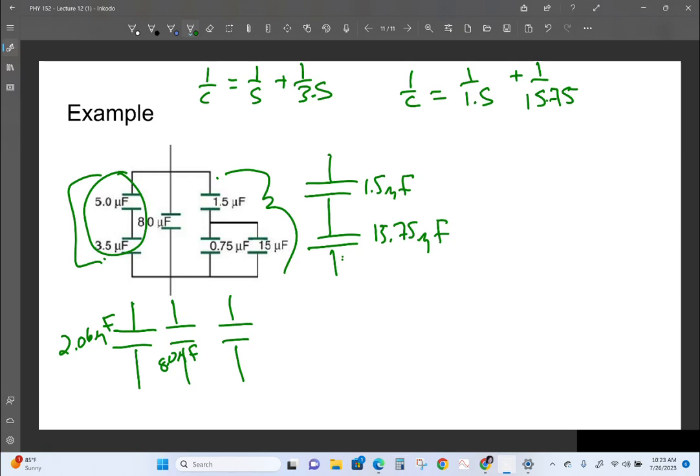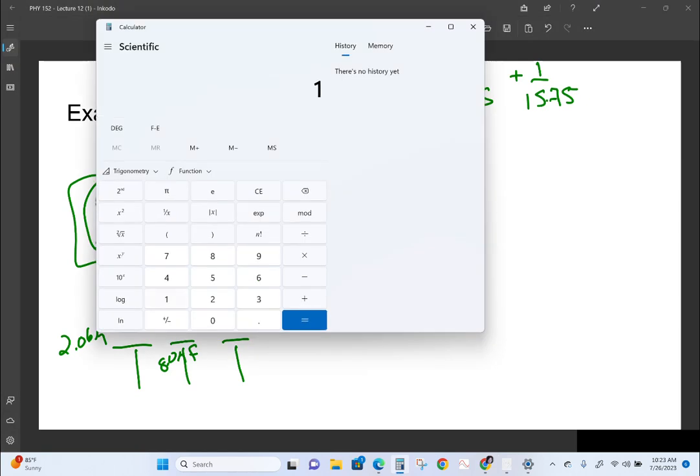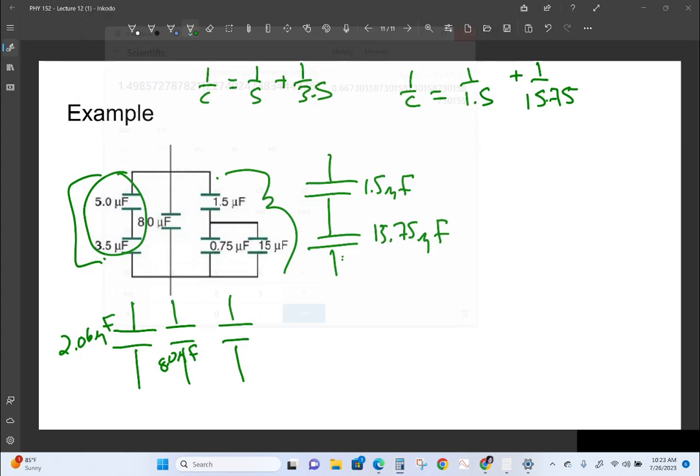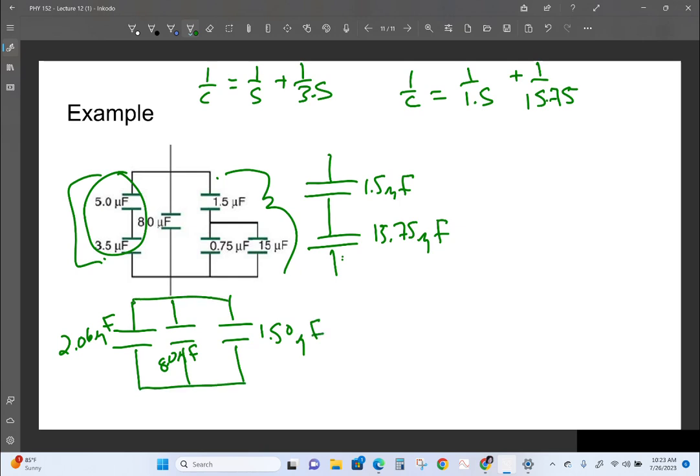And then I'm going to take the inverse of that. So 1 over 1.5 plus 1 over 15.75 equals, and take the inverse of that, 1.50 microfarads. So all of these are acting like 3 capacitors in parallel, and now I just add them together.